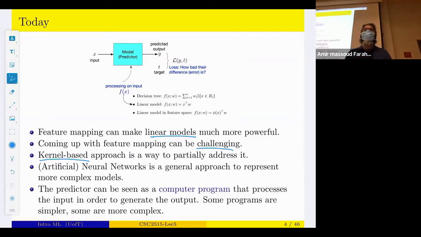But then we have another approach to deal with this problem and get more expressive and complex models, and that is called neural networks, or artificial neural networks, to differentiate them from neural networks in brains. It's another general approach to represent more complex models.